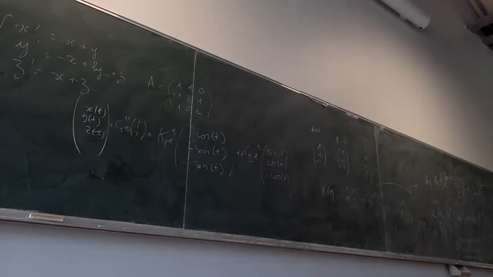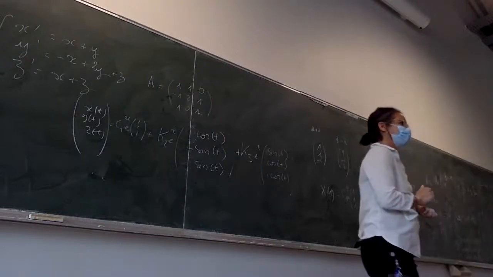You knew that you could write solutions as exponential of the real part times a linear combination of cosines and sines, which is exactly what we're doing. When we only have one equation, and so we don't have vectors, we're just going to have a linear combination of cosines and sines. It's the same formula, actually. This is just a generalization of what you saw for order 2 equations. Okay?